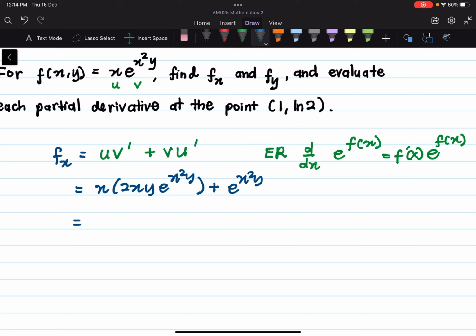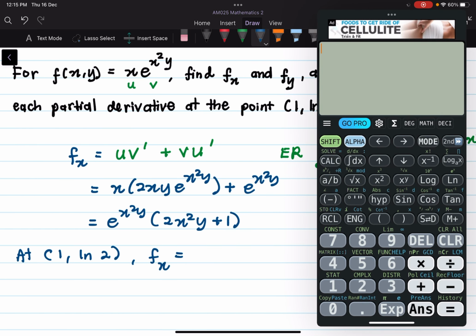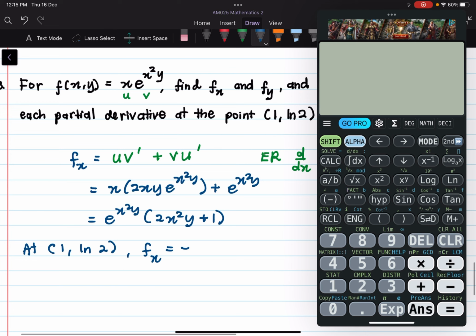So let us factorize before we substitute the point. e^(x²y) times (2x²y + 1). Now if we substitute the point (1, ln 2) into f_x, let us substitute into the exponent x²y. The x just now is 1, right?